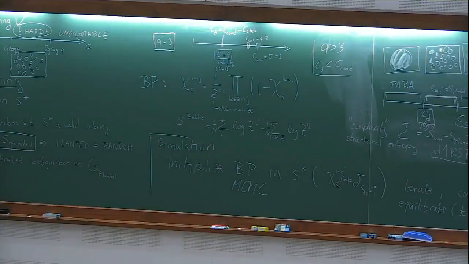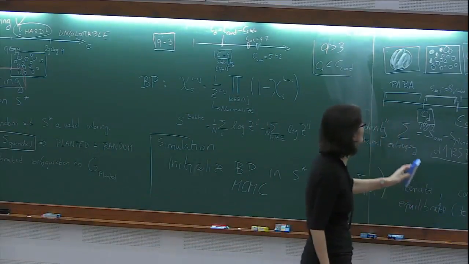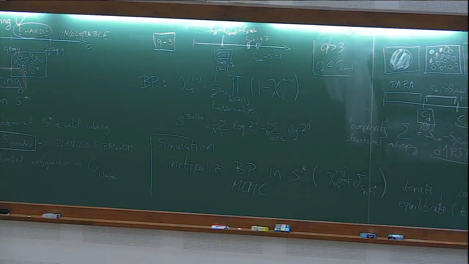So let's now forget about the random coloring. Not completely, we will use what we learned. And let's talk about the planted coloring. The way I introduced the planted coloring was extremely useful to get a nice picture about what's happening in the random coloring. But we can actually interpret it very naturally.